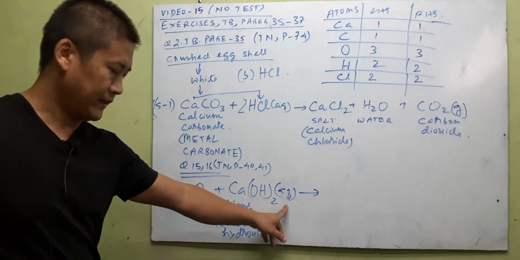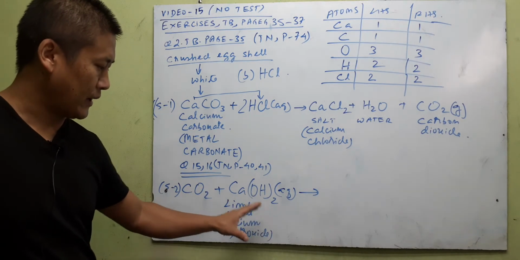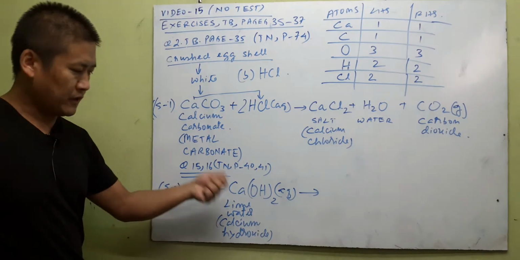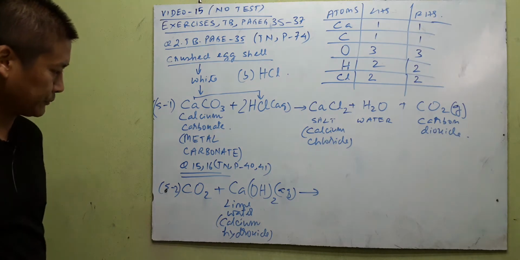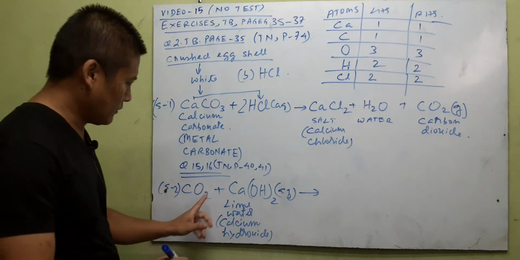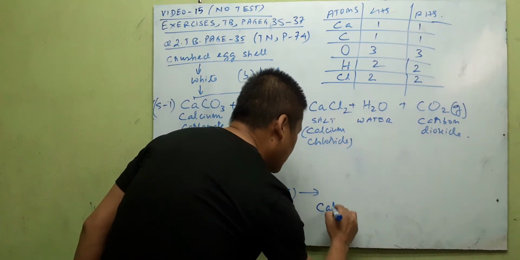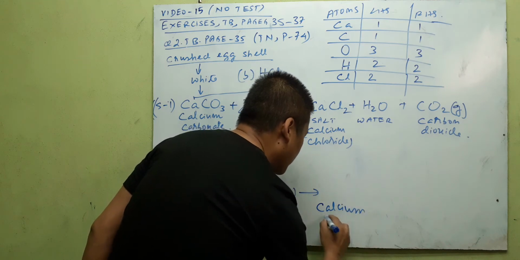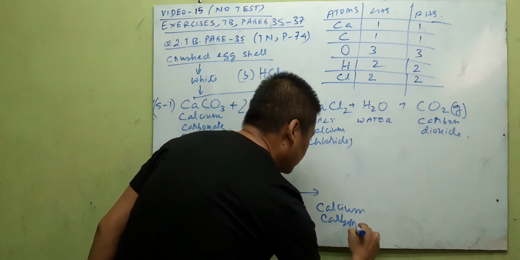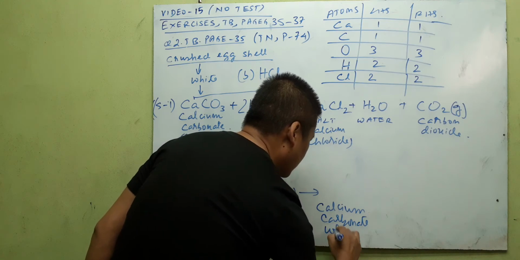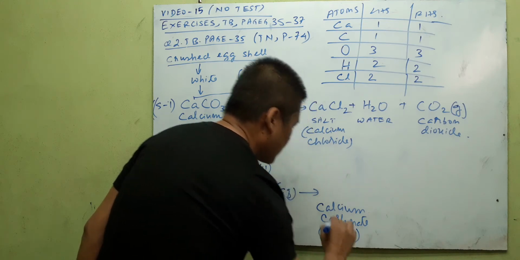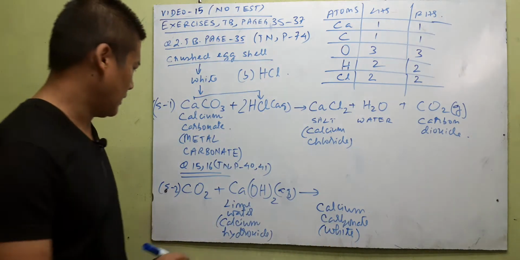AQ you may or may not write. AQ means this is dissolved in water. Lime water is always lime dissolved in water to produce calcium hydroxide. So when you do that, what you always get, we've done this previously also, is calcium carbonate. Write it down, which is white in color. Calcium carbonate is always whitish in color.